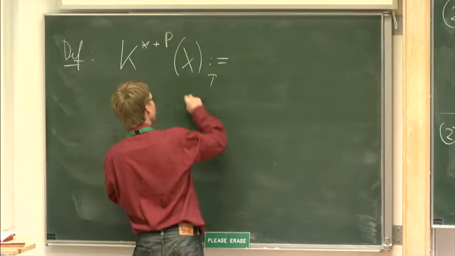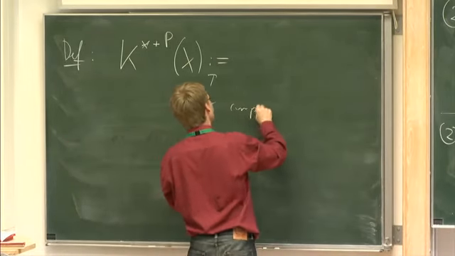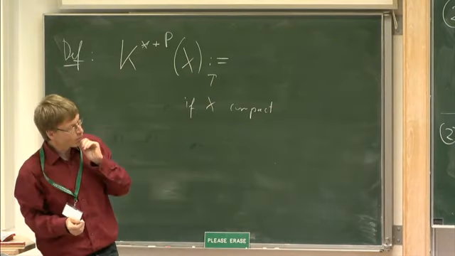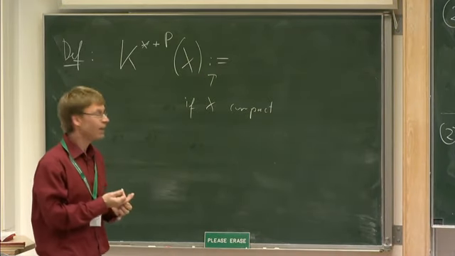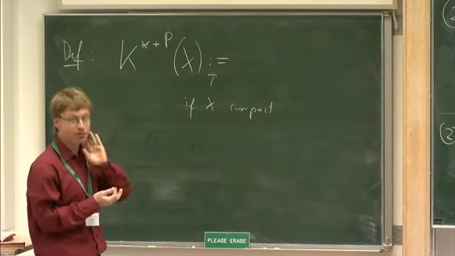Let me do it if X is compact. So we do expect that K-theory is related to operator algebra, to C-star algebras, and there is almost immediately the C-star algebra we need around.